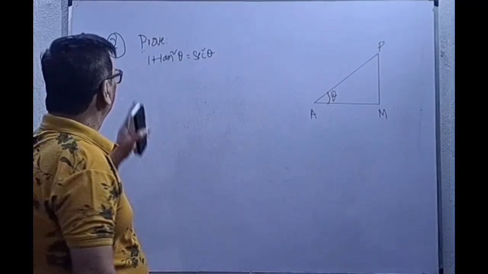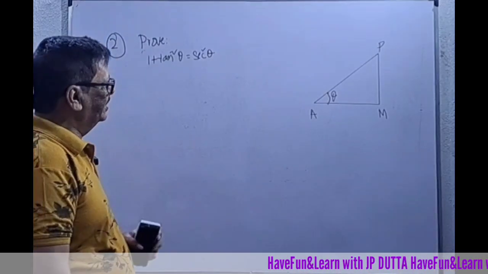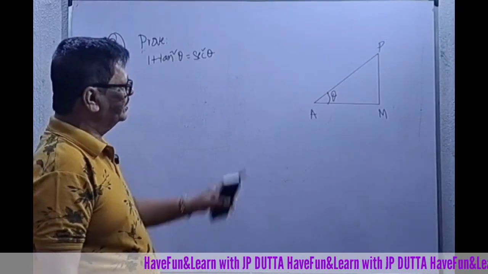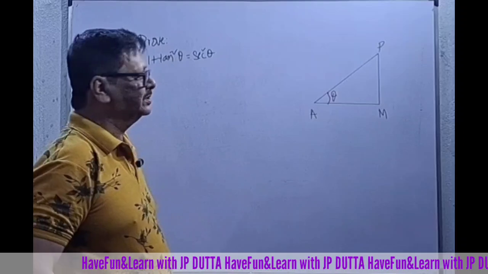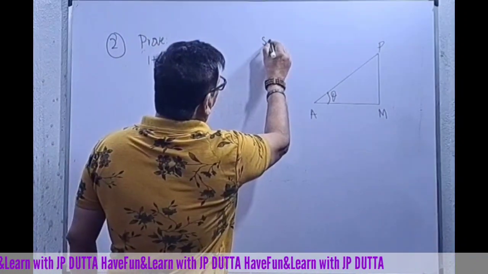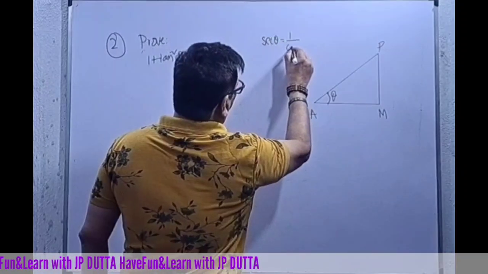Next we prove 1 plus tan² theta is equal to sec² theta. Now before going into the proof, let us find out what sec² theta means in terms of the triangle. So sec theta is equal to 1 by cos theta.